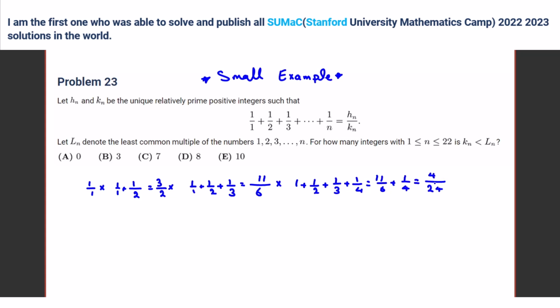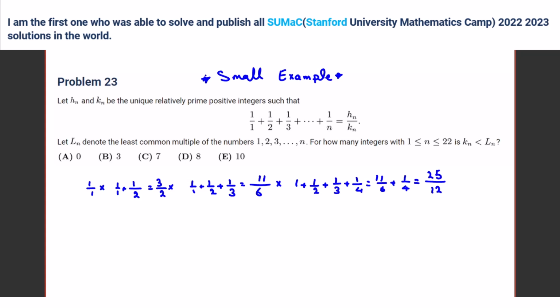12, 22 plus 3, 25. Again, for this one, it is not LCM, right? Yeah. So let's see what happens.